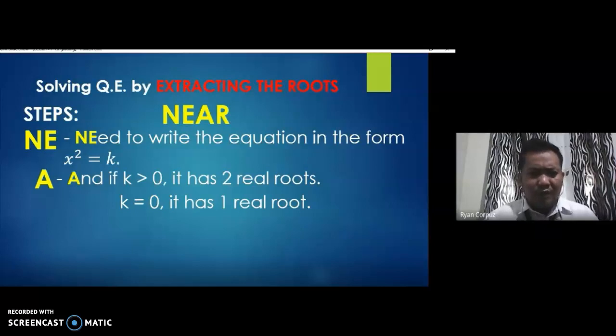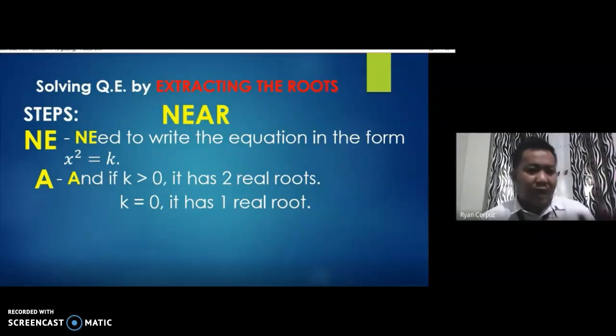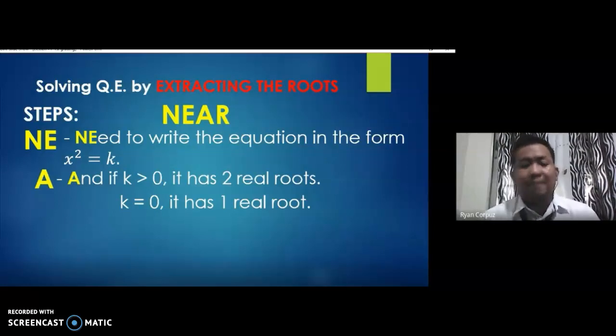So, why did we say it has 1 real root? A quadratic equation has 2 solutions. How come that we can come up with one real root as a solution? For the reason that its solutions are the same.